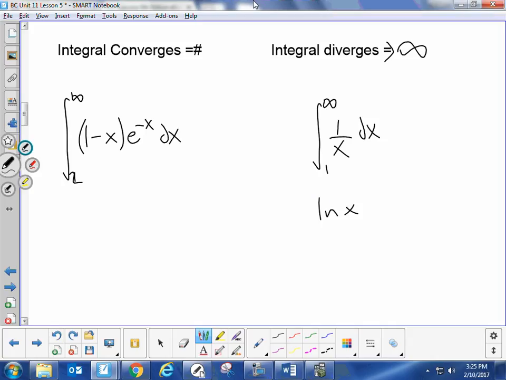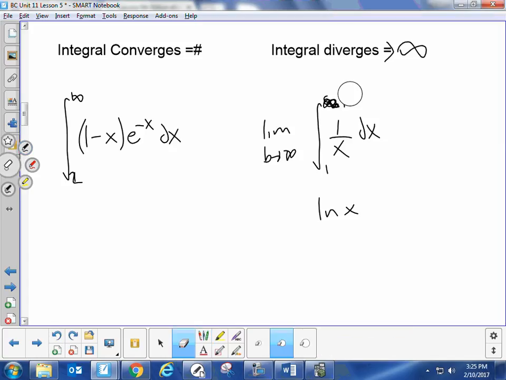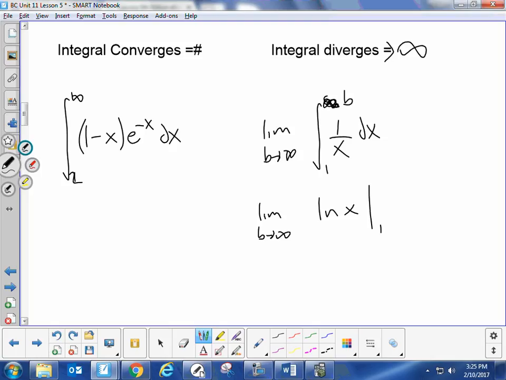Now, I'm going to be taking the limit as b approaches infinity, with the interval from 1 to b. So when I take the antiderivative, you have the limit as b approaches infinity of the log of x from 1 to b.